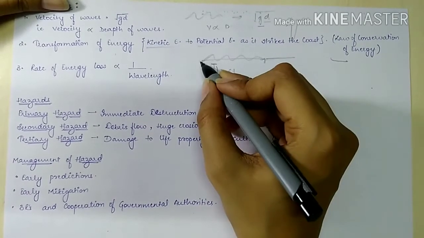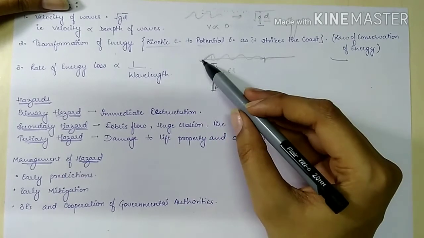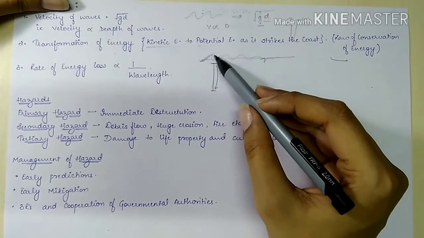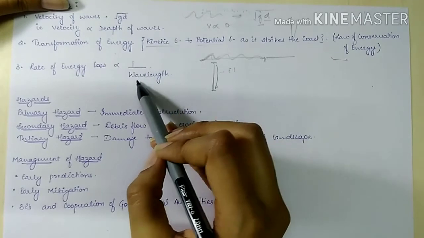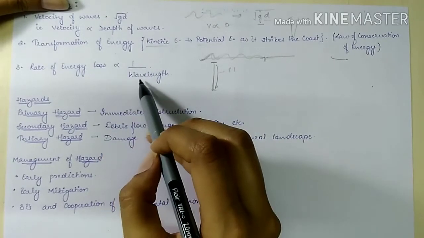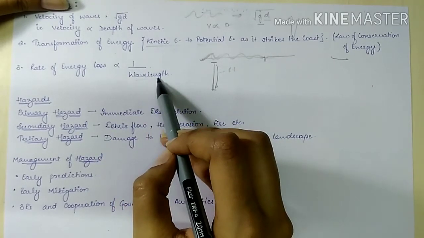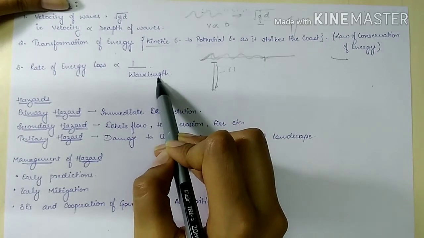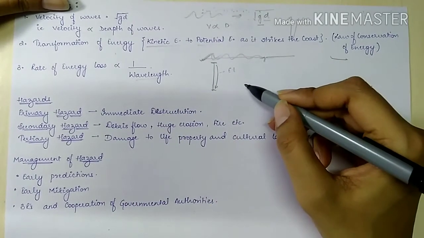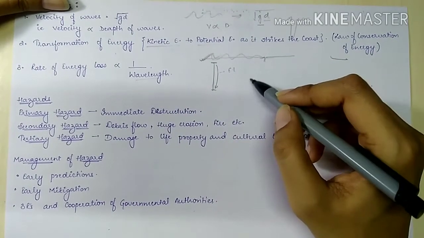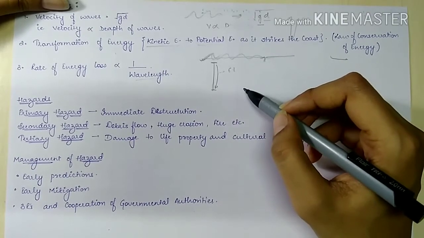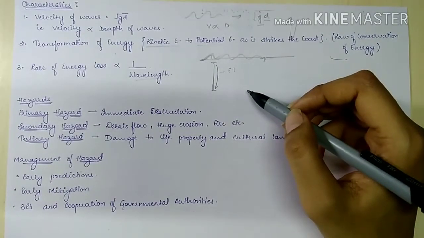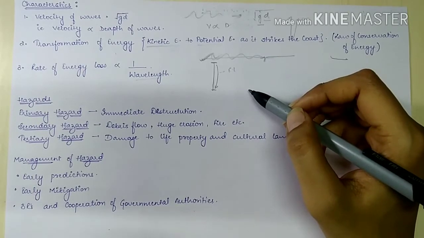The same is the case with a wave. The rate of energy loss of a wave is inversely proportional to the wavelength of the wave. So if the wavelength is more, then the energy loss will be less, and if the wavelength is less, the energy loss will be more.